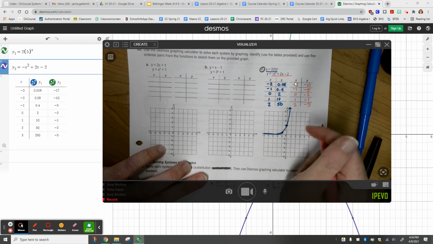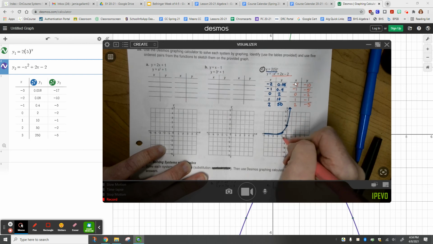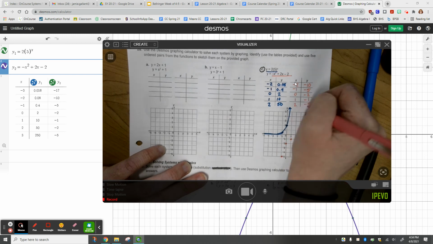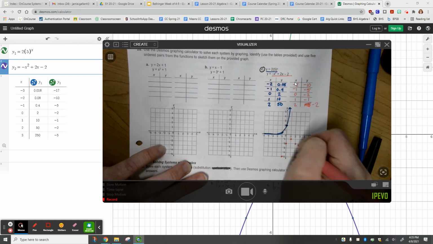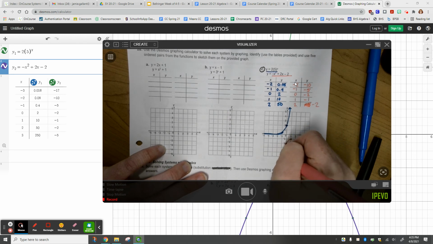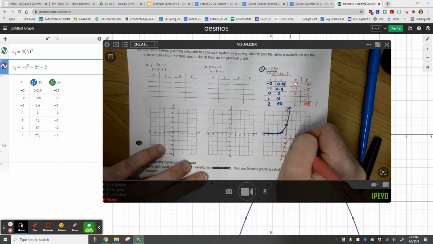Oh, wait, that's too much graph. -1, -5, 0, -2, 1, -1. Whoops, that should be 2, -2. And then 3, -5. Okay.